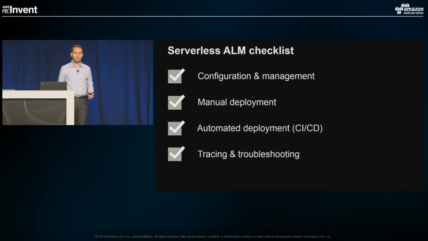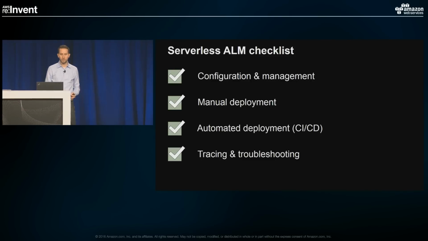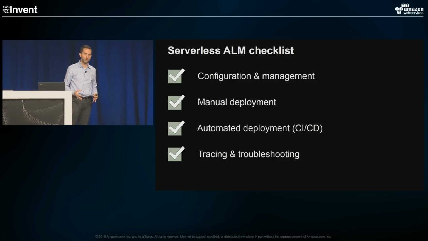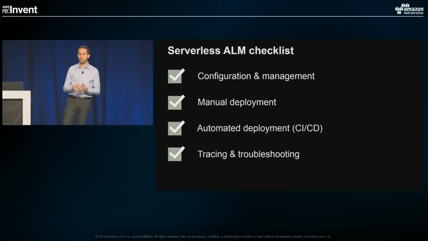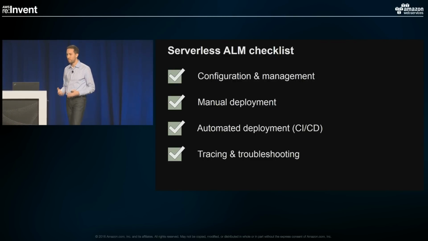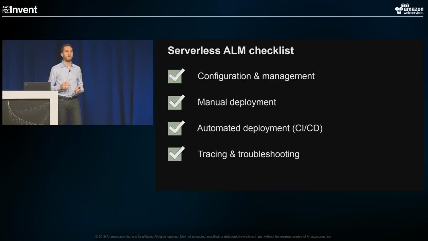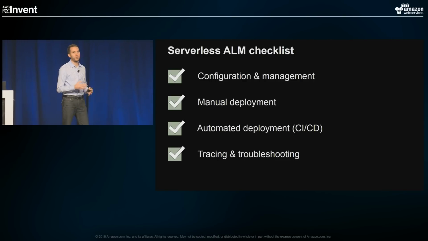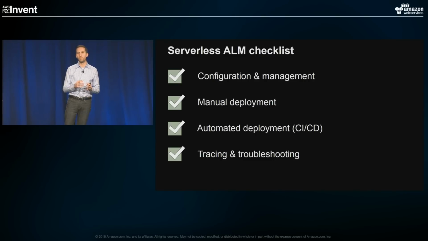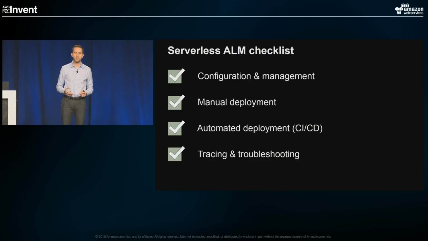So let's review what we did here today. We started with defining an application. We saw how we could use a SAM template to define all the resources within our serverless application. And then we saw how we could use new CloudFormation commands, package and deploy, to efficiently and consistently deploy my application across environments or accounts.